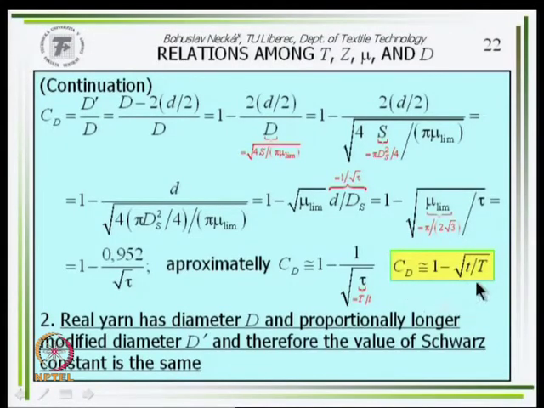And when we go back to our real yarn, packing density is smaller, we can say that all linear dimensions can be elongated in the same percentage, so that also in our real yarn, roughly, this ratio can be the same. So this quantity, CD, we will use as an expression for our Schwarz constant.